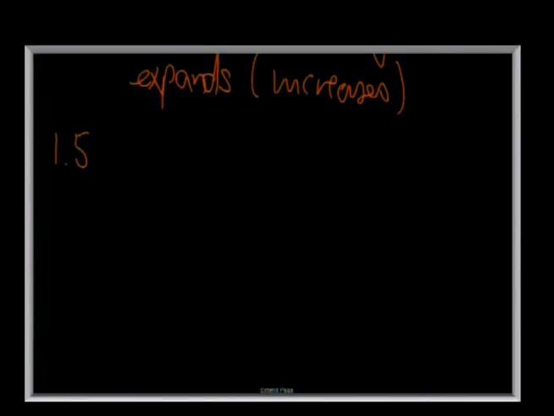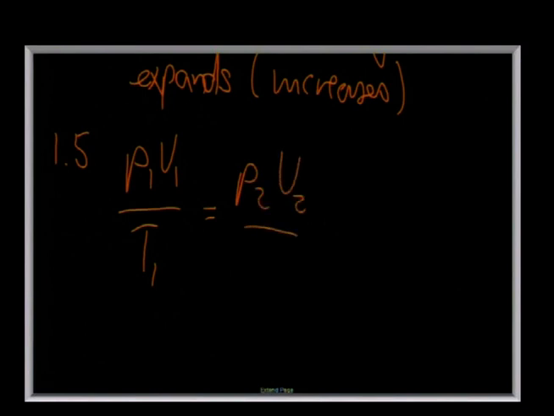So we're going to use the general gas equation. 1.5, the general gas equation, P1V1 over T1 equals P2V2 over T2. Now, the first pressure indicates 25 meters below the surface, and this is at the surface.